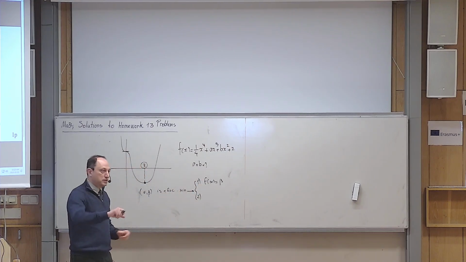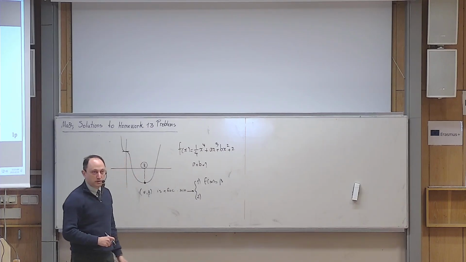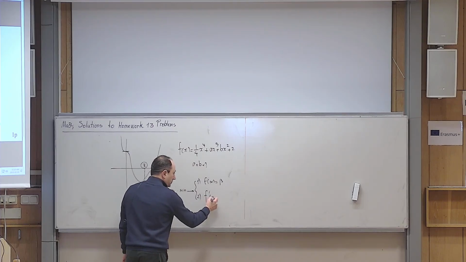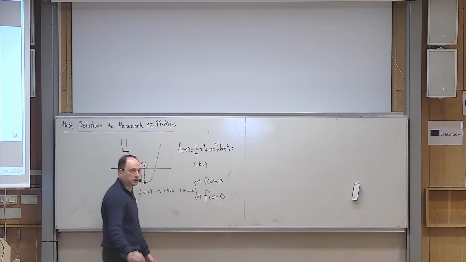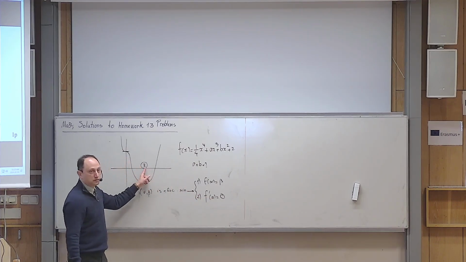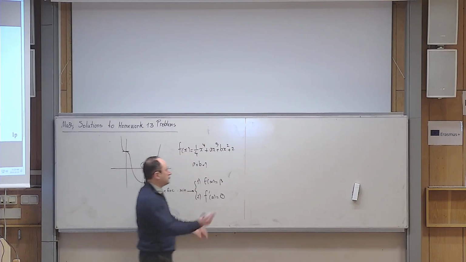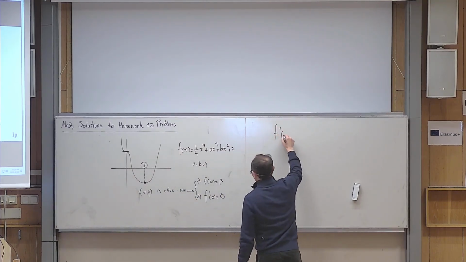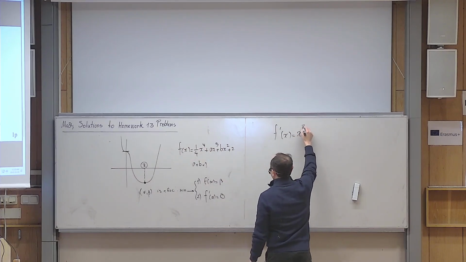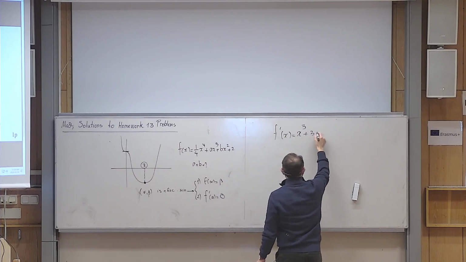So apparently this is not useful. But there is another piece of information I wrote here for you. What was that? F prime of alpha is 0. Is this one useful? Yes, because alpha is given to me. So I take the derivative. F prime of x is equal to, what is the derivative here? 4 goes down, x cubed. 3 goes down.